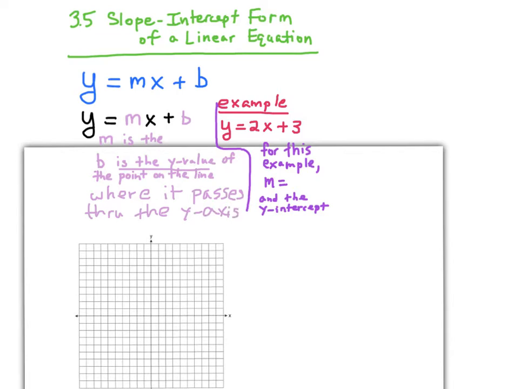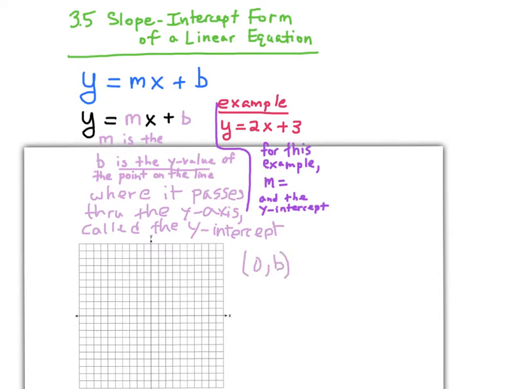And at that point, the x value always equals 0, so b is really a part of a point that is (0, b).